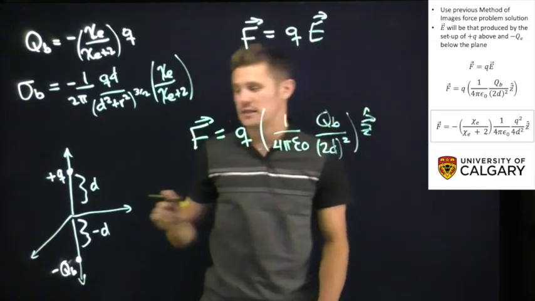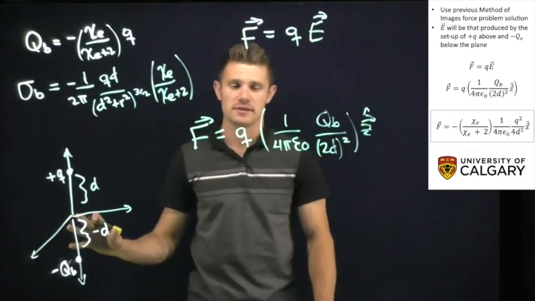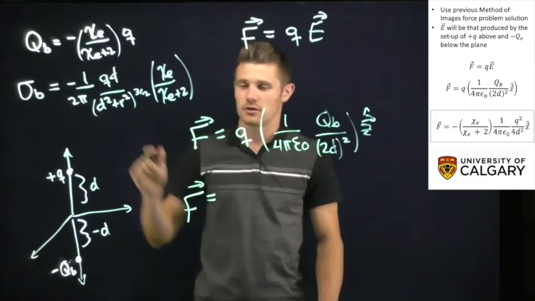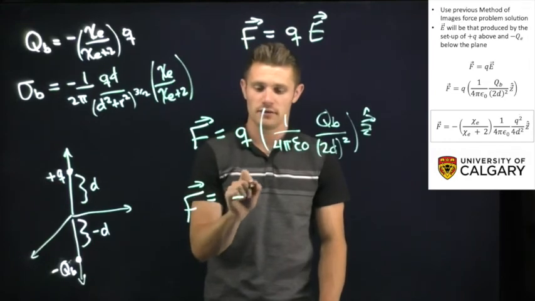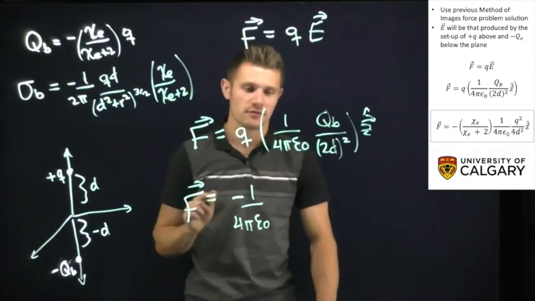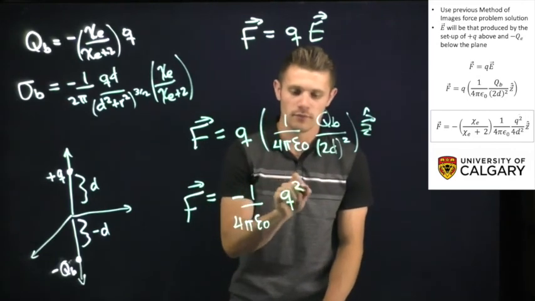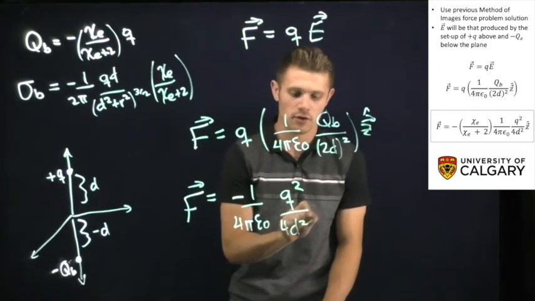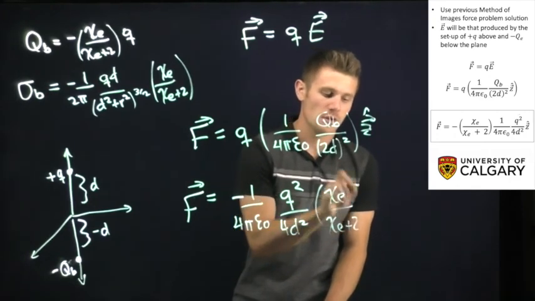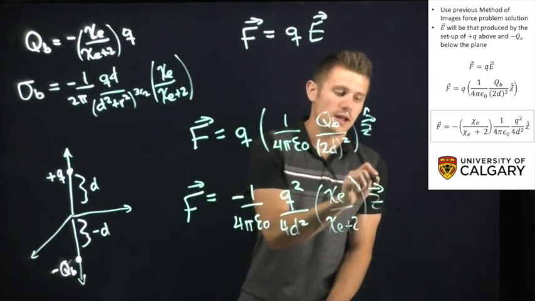And of course, 2d is the separation of these two charges in this setup. And if we substitute in our charge QB, we end up with negative 1 over 4 pi epsilon naught, where the negative comes in from this equation, Q squared over 4d squared times our factor chi sub e over chi sub e plus 2 in the z hat direction.